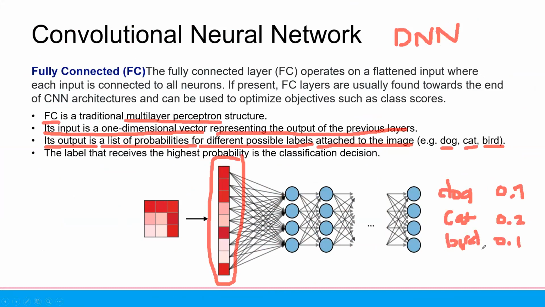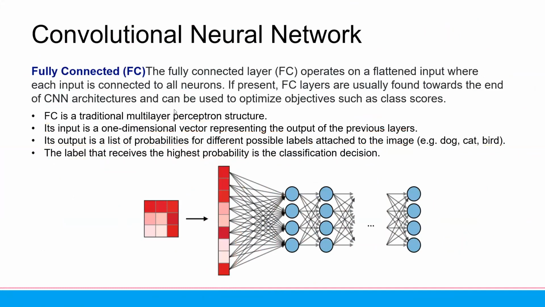Then using these probabilities, I can make sure that this is more about dog. The label that receives the highest probability is the classification decision. So the result will be this kind of probability with the CNN.